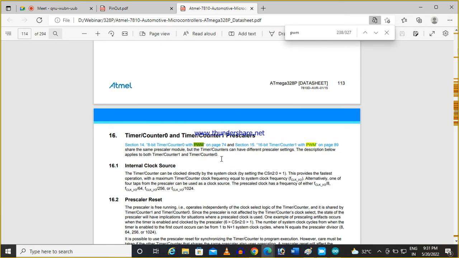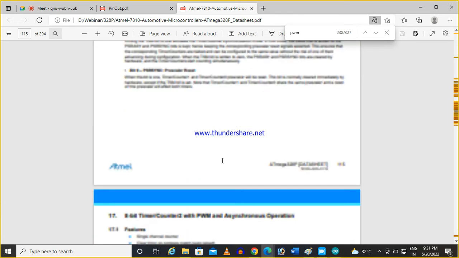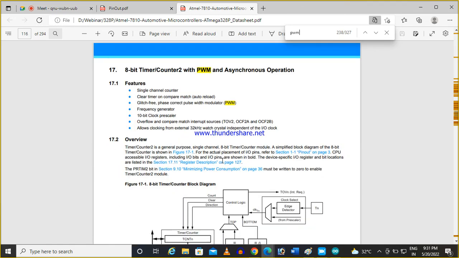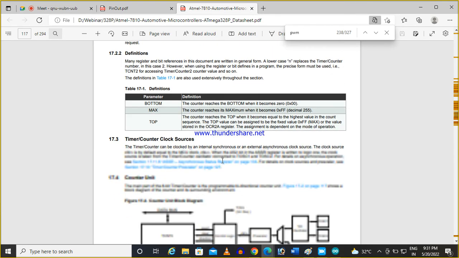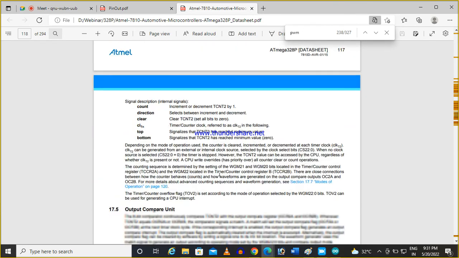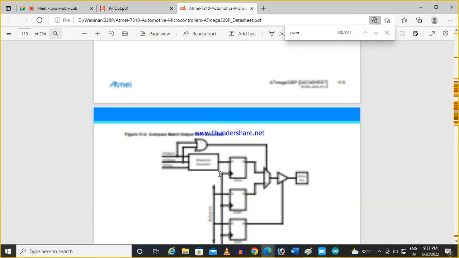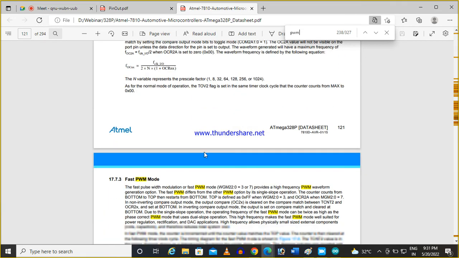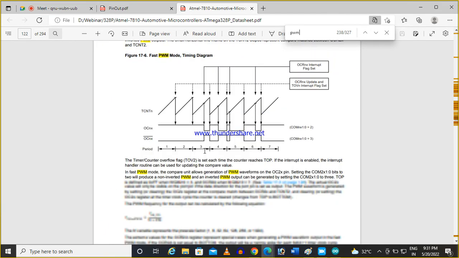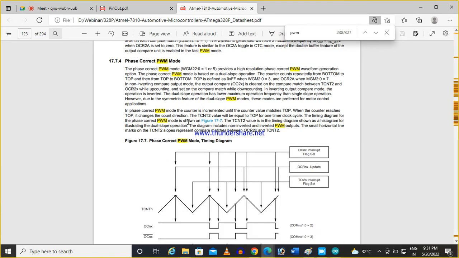You see, this is timer 0 and 1. So we are going to phase correct mode.